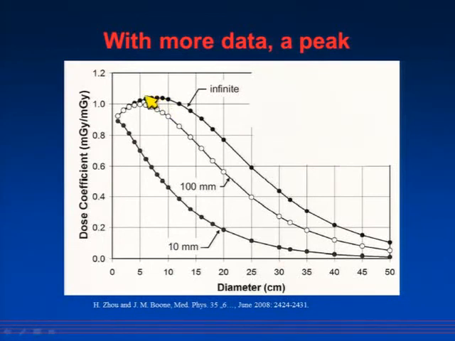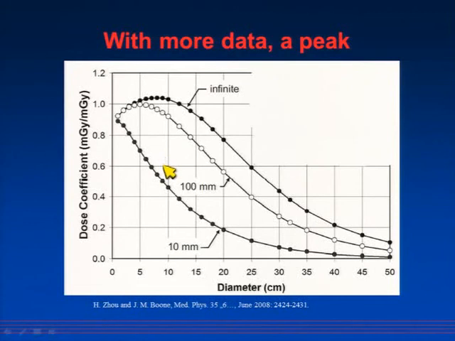This is from infinite scans. You get a bump. For a 100 millimeter scan, which is what we use for CTDIvol, you get another bump, a maximum in this curve. And for a very short scan, you don't get a peak, it just drops off. Now, why is this? Well, there's a trade-off between the buildup of scatter and the attenuation. For small enough phantoms, these play off against each other. Now, this is in effect at a very small diameter.